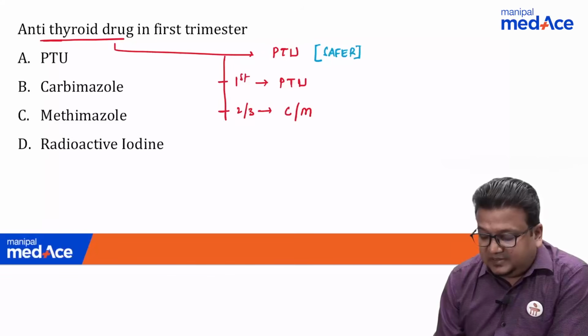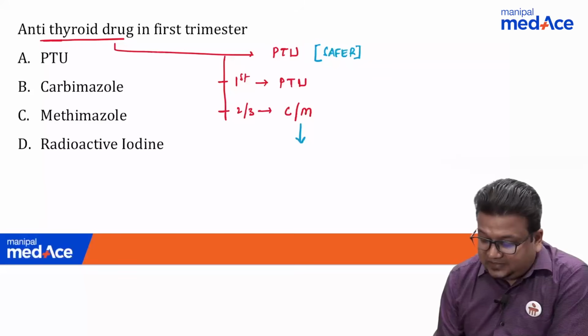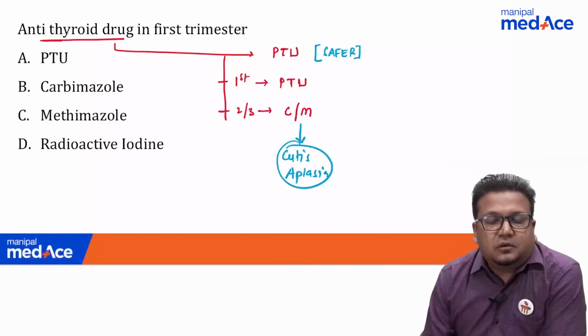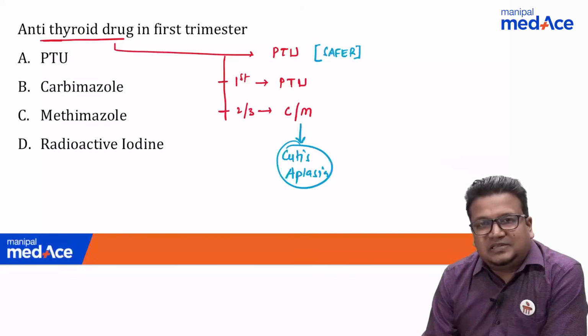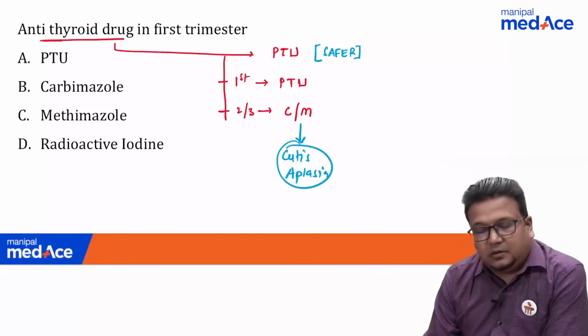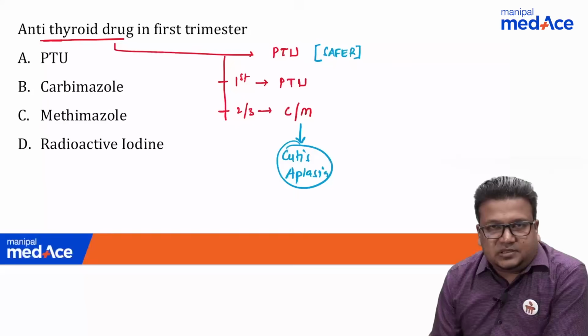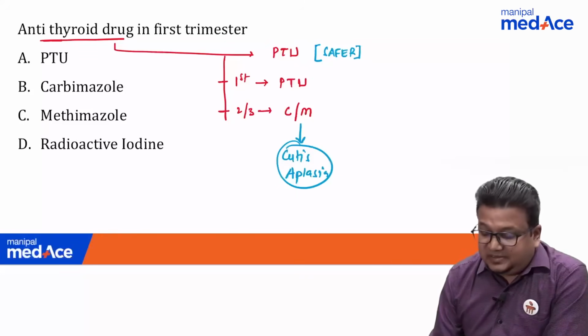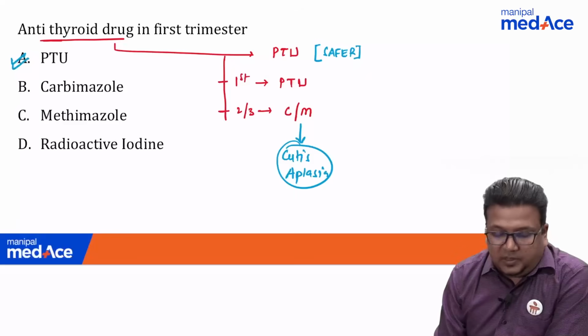Carbimazole and methimazole are teratogenic, the classical example of their teratogenicity being cutis aplasia. They cause loss or non-formation of skin at some places, aplasia cutis, along with choanal atresia. So these drugs are not considered safe in pregnancy, and that is why the answer will be PTU.